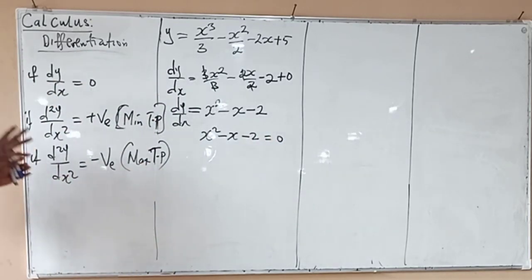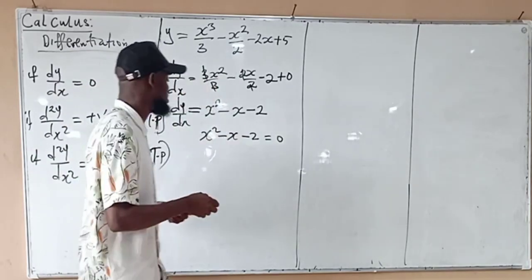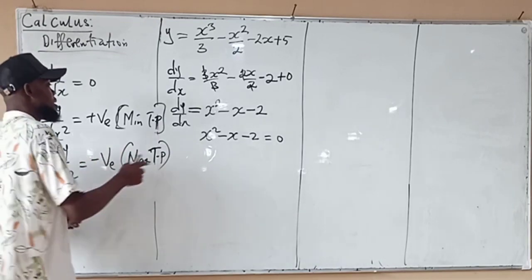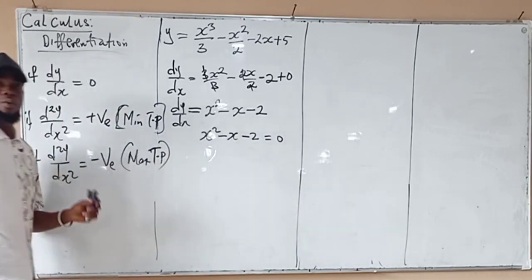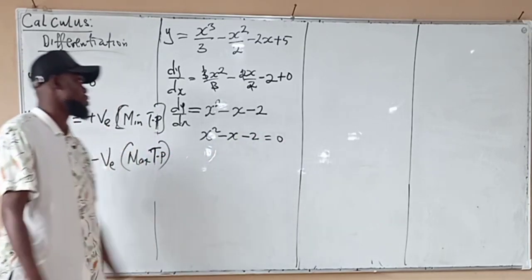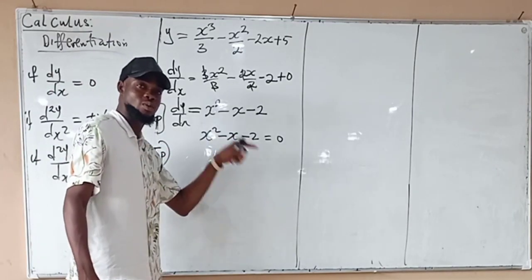So what is the critical value of x at this turning point? Now, x squared minus x minus 2 is equal to 0. What is x? This is called a quadratic equation because it's a polynomial equation of degree 2.